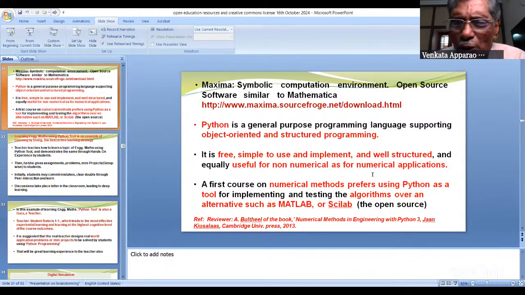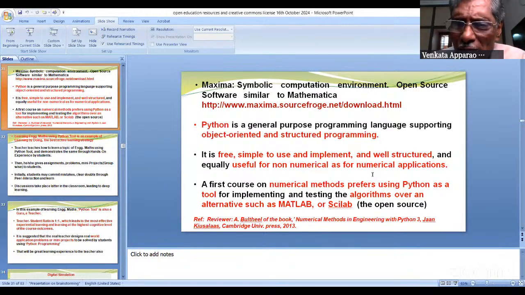But today, you don't have to purchase Mathematica, because in those days this Maxima free and open source software was not available. But now it is available. You can make use of Maxima. This is the website I have given here.